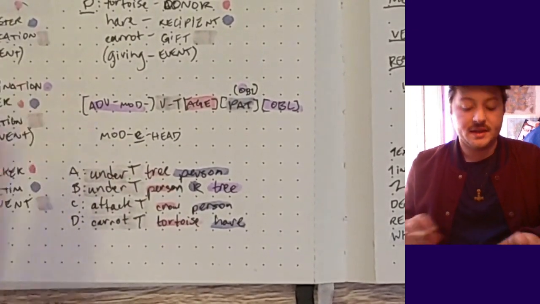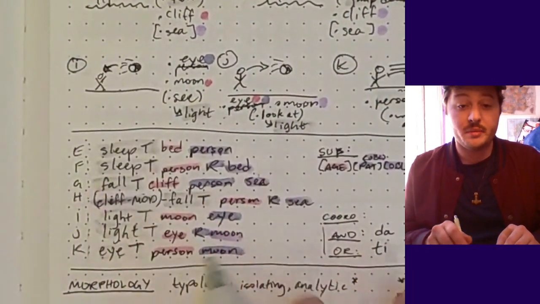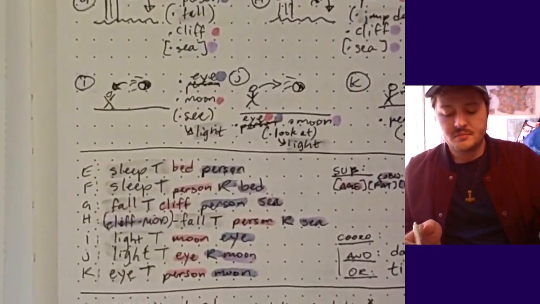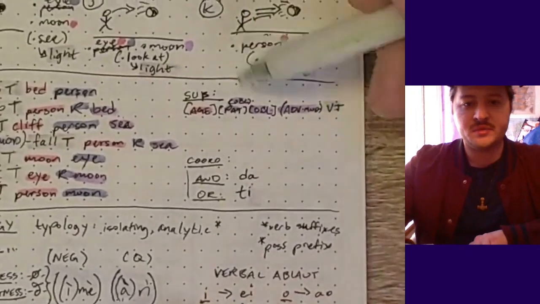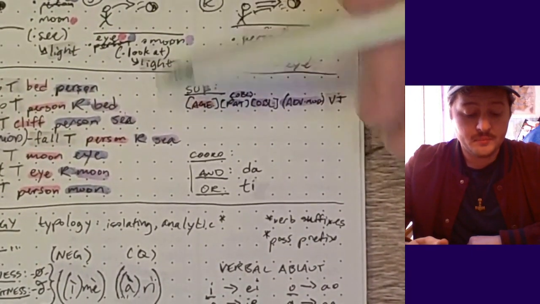Where was I? Oh, yes. So we have all these different scenarios. I'm not going to explain all the rest of them, but we basically figured out how they were going to be ordered with our syntax. And I also figured out what I wanted to do with subordinate clauses, where there's a clause that describes something within the sentence.